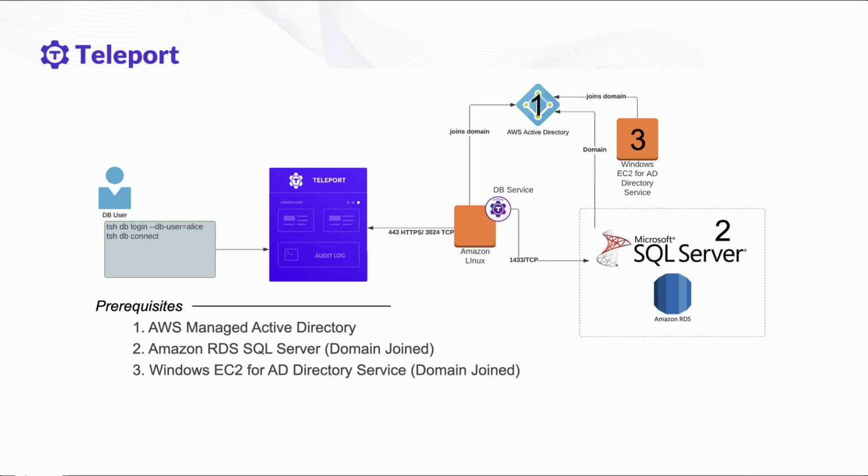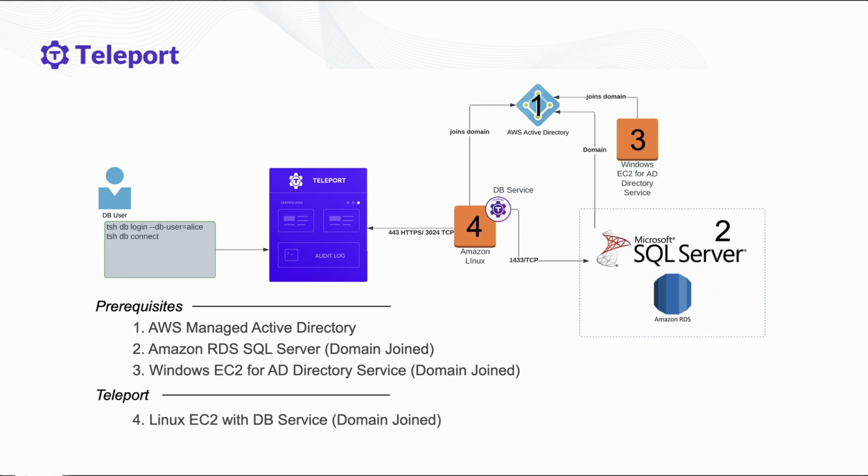Third, we have a Windows EC2 instance for AD Directory Service, also, of course, domain joined. This will allow us to manage our Active Directory, or in our case, add users. So these three components here are prerequisites before we even get to the Teleport demonstration. If you have one or more of these in place and want to skip ahead again, check below. There will be timestamps to do so.